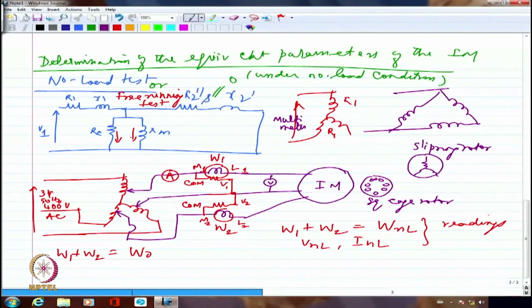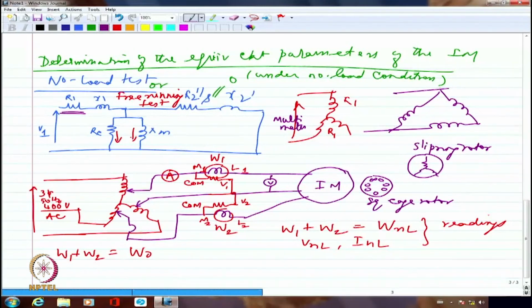I have measured the resistance. I have done the no load test. Now, in the transformer, we conveniently neglected whatever was dissipated in R1, because the current was less than 5% under open circuit condition of the secondary. We could neglect it completely.